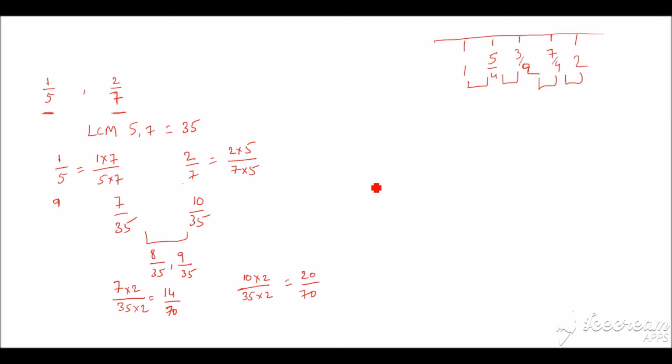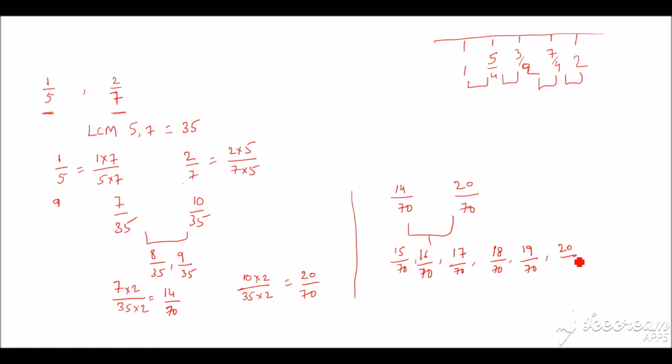So in between 14 by 70 and 20 by 70, there are 15 by 70, 16 by 70, 17 by 70, 18 by 70 and 19 by 70. So 5 rational numbers are there. Still more, if you want to find, instead of 2, take a bigger number. You will get more rational numbers.